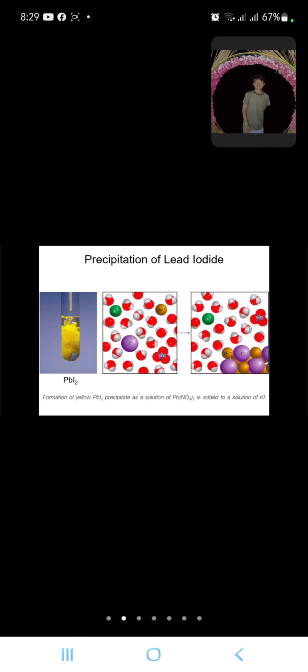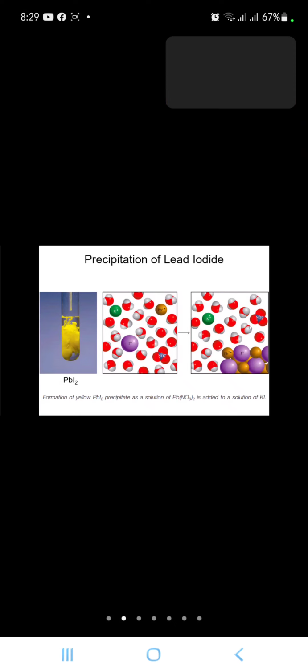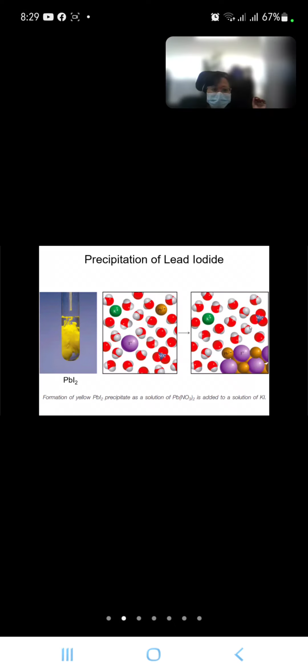Yes po. Okay, so this is how the formation of yellow precipitate, the lead 2 iodide, as a solution of lead 2 nitrate is added to a solution of potassium iodide. Okay, this is now the net ionic equation.